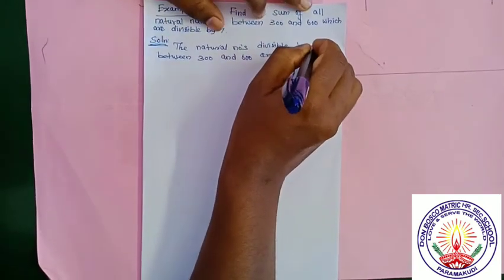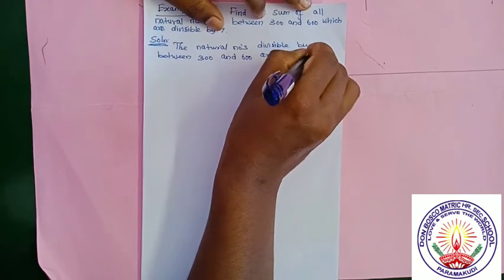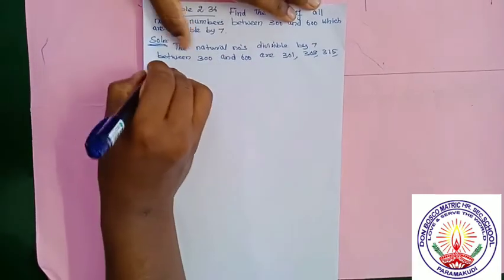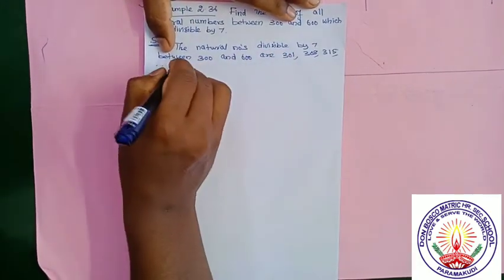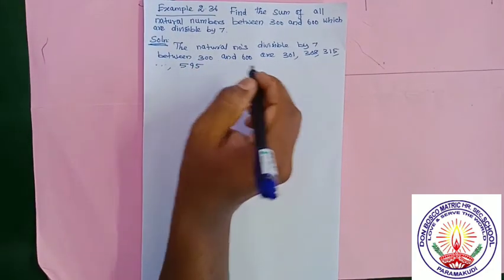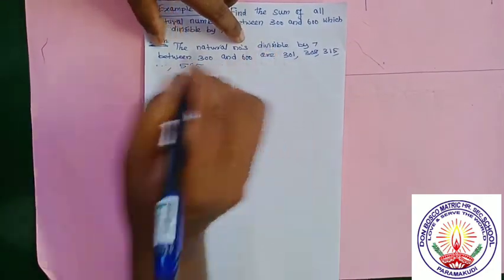Next we can add 7, since it's divisible by 7: 308, next 315, and so on. The last number is 595. So these are the natural numbers divisible by 7 between 300 and 600.